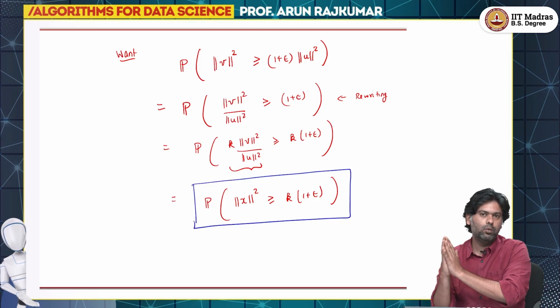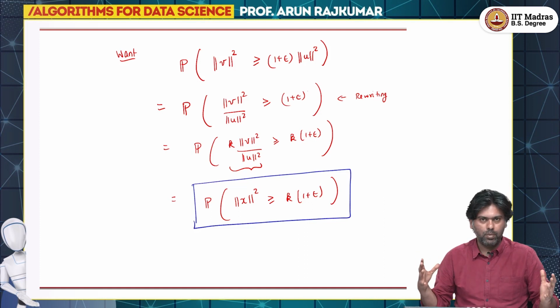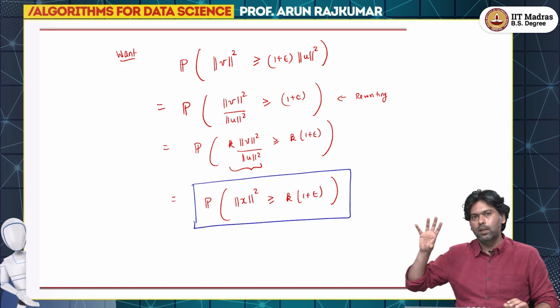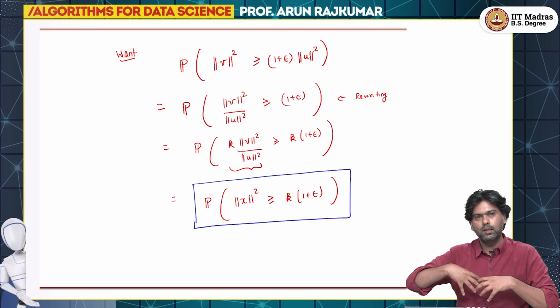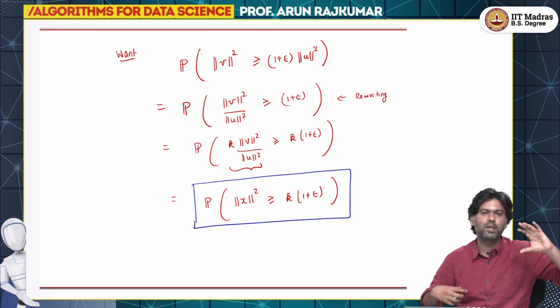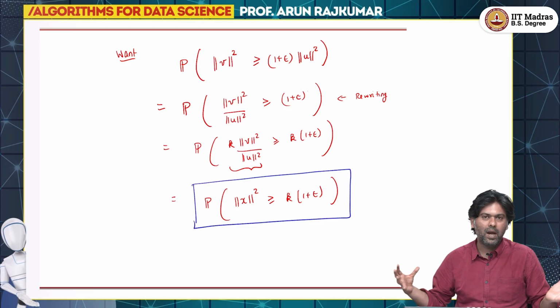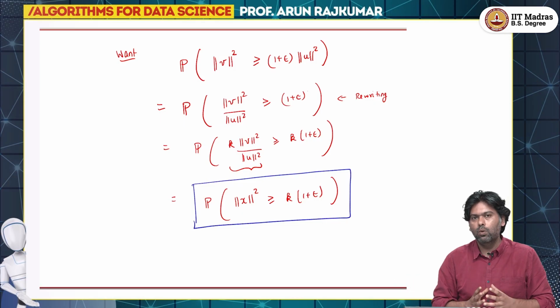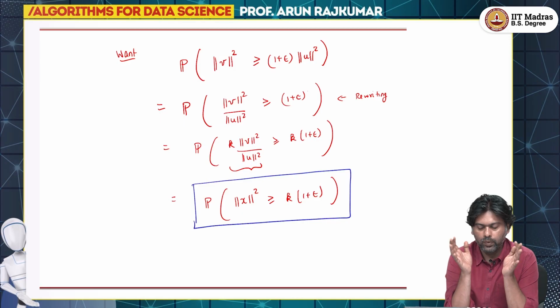I am mapping it to k dimension, and I want to know if something bad happens. What is bad? The length squared of the vector in low dimension is greater than 1 plus epsilon times the length squared of the original vector. This is a bad event that might happen. I want to understand with what probability such a bad event happens.